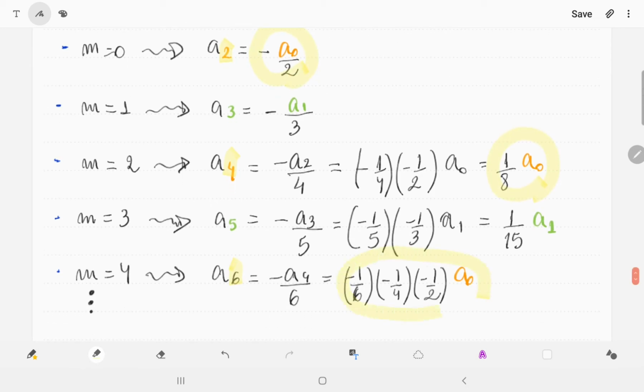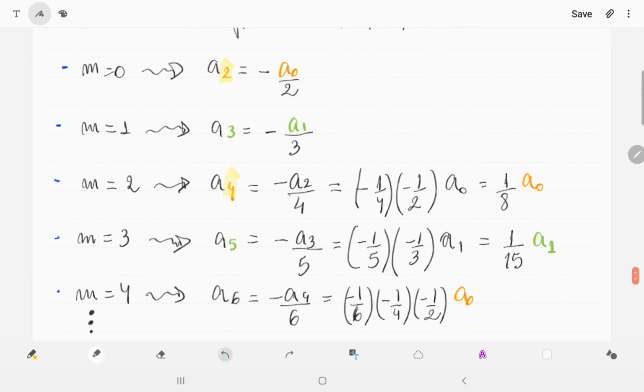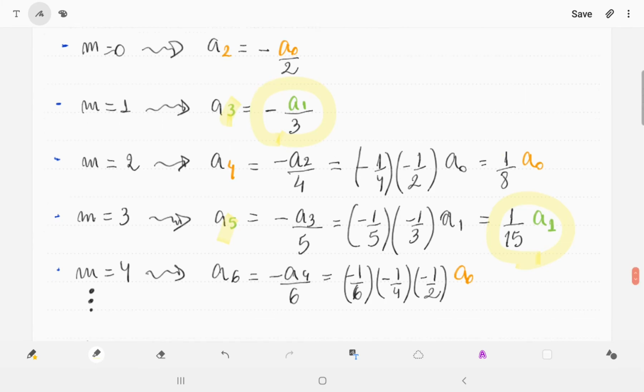Here is not the final result, but we have a0 involved. And then for 3, 5, 7, and so on, we have a1 involved. So in some sense, for 2, 4, 6, and so on, a0 determines those values of a_m, and for 3, 5, 7, and so on, a1 determines those values.